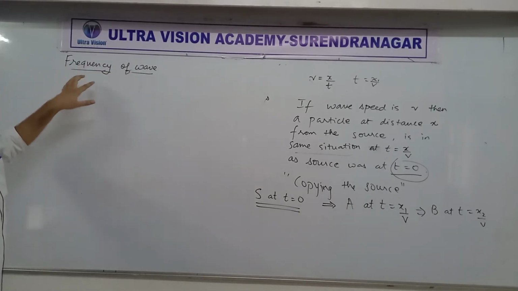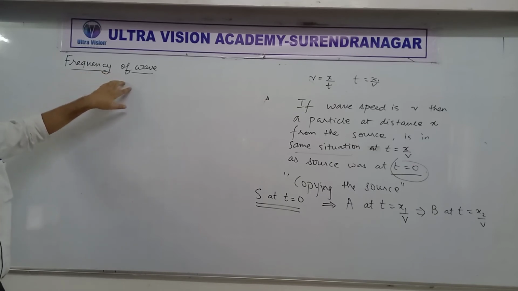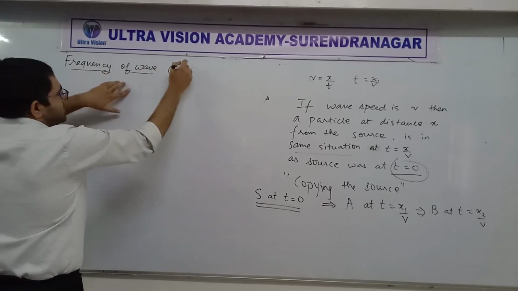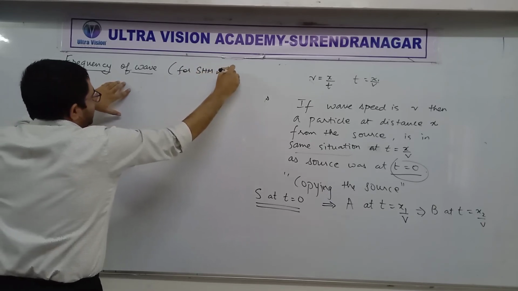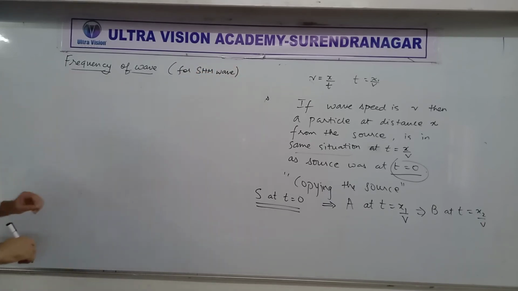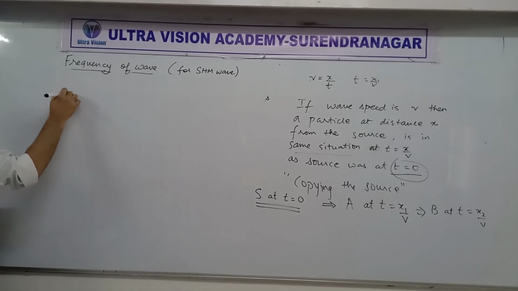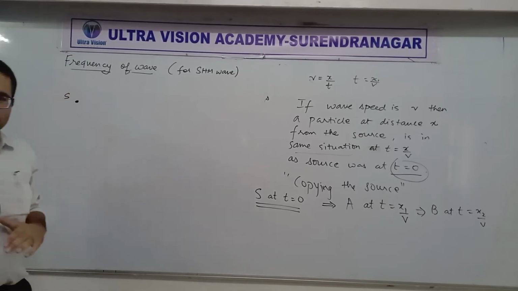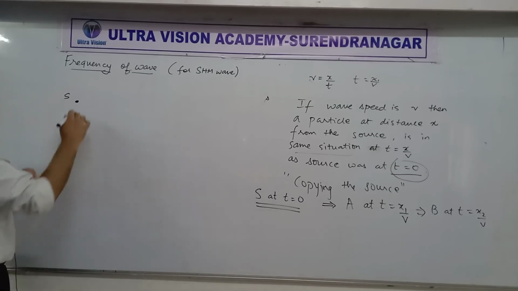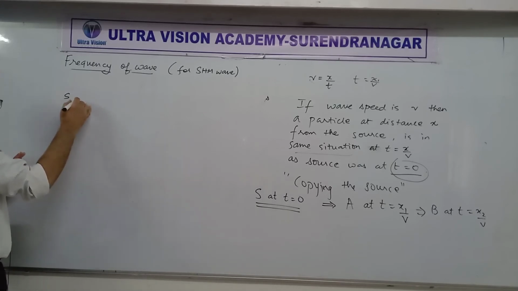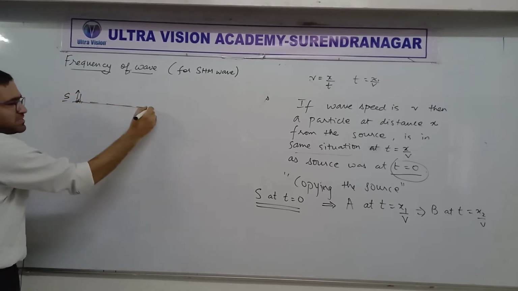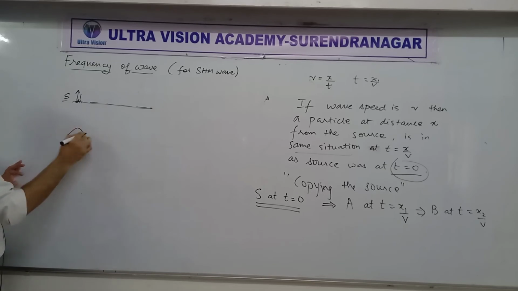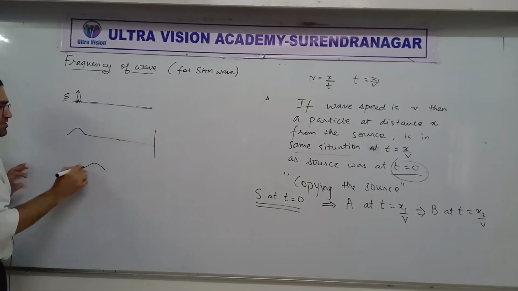Now, this frequency is typically only going to make sense if the particle, the source where the wave starts, is doing some kind of periodic motion. I'll tell you what, have a look. If this particle, listen to this carefully, if this particle goes up and then goes down, that's it, and comes back to this position, where the string is lengthened, then it would not have any kind of frequency.